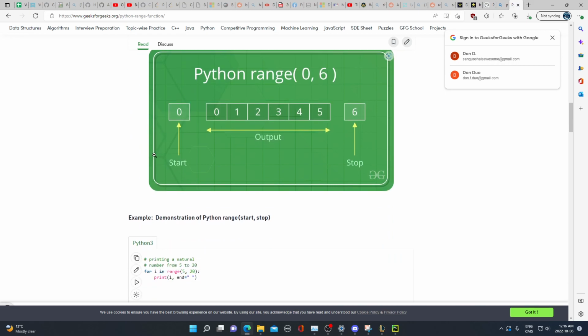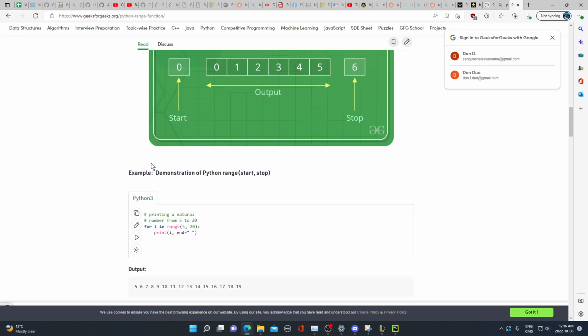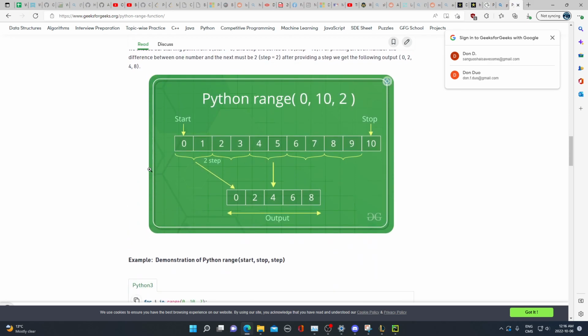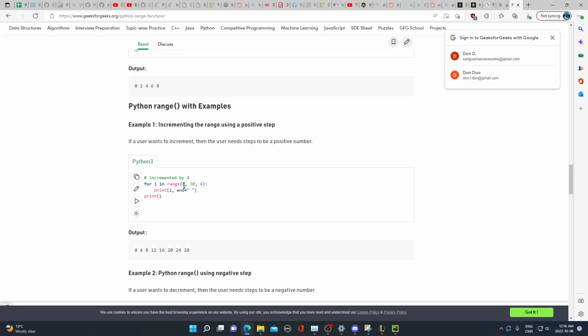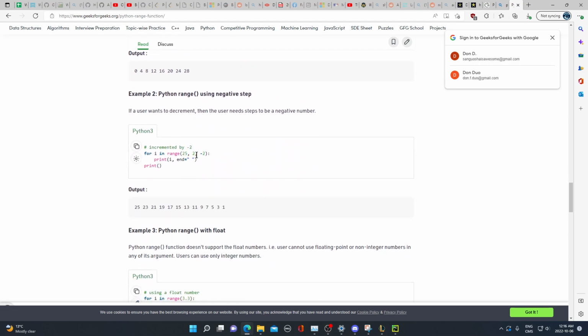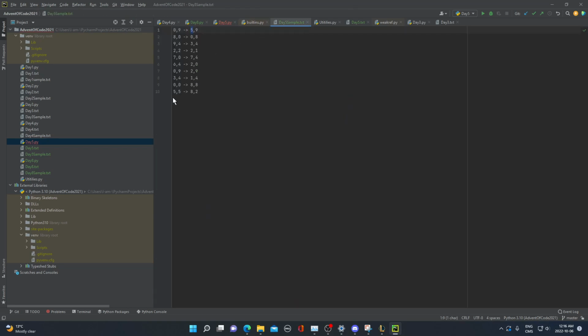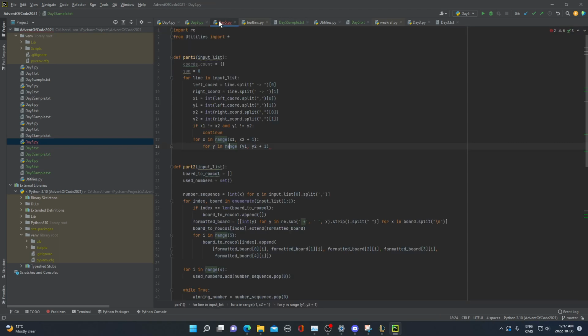I think we have to tell it if it goes up or down. I need steps to be a negative number, but according to the sample input, you don't know if x1 is going to be greater than x2 or y1. See, it goes from 3 to 1, but then maybe another coordinate goes from 0 to 4, 9 to 3, and then it goes positive 0 to 5, so it goes up and down.